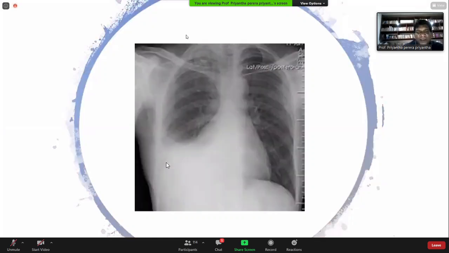So what is this then? What is the diagnosis here? Right side, child with fever and difficulty in breathing. Pleural effusion. Yeah, right side pleural effusion, right?